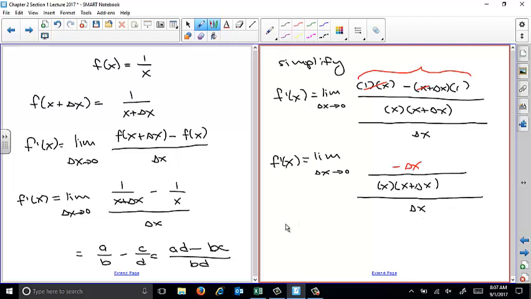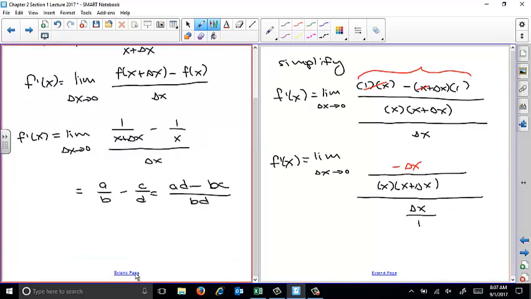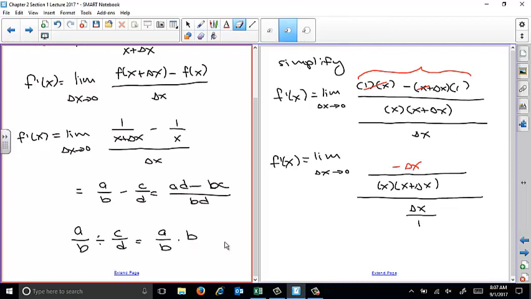Now, the question is, do I multiply by delta x here, or do I divide by delta x to handle this? What I would normally do is create two fractions. Here's a little sidelight. If you have a over b divided by c over d, you take the reciprocal of what you're dividing by and change it into a multiplication problem.